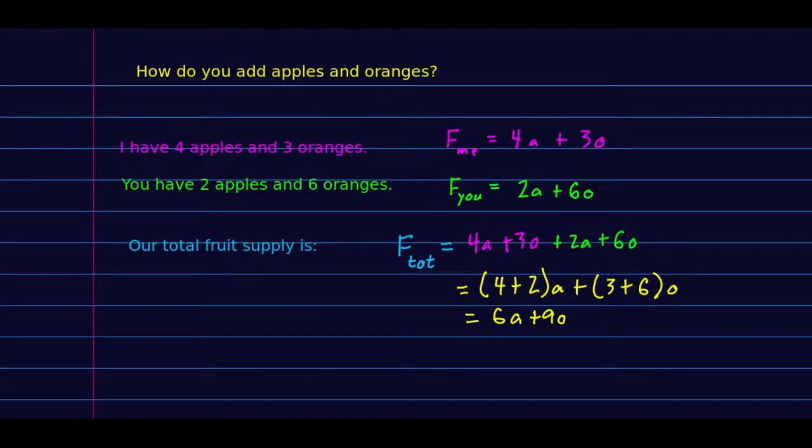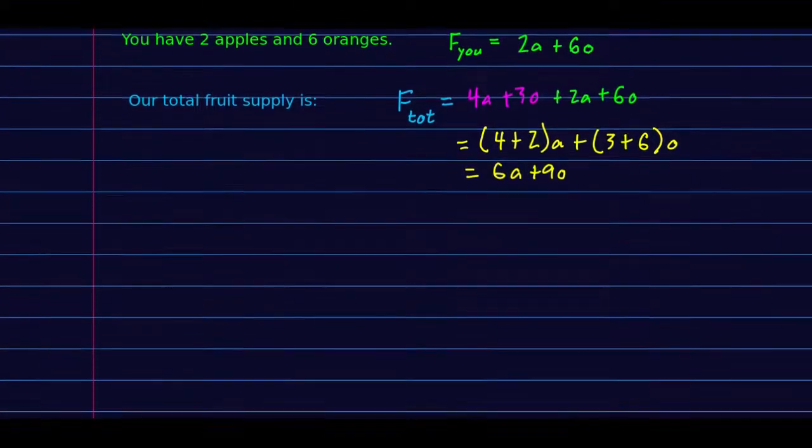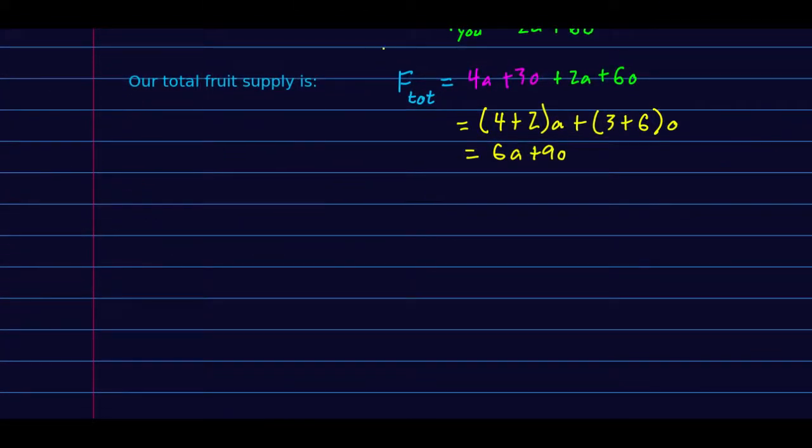Well, this is a physics course, not a grocery store inventory management course, and so unsurprisingly, I'm not really interested in adding apples and oranges, but the point here is that it works exactly the same as adding vectors.